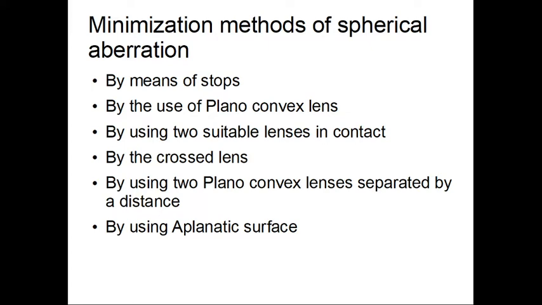In this lens, one side is a plane surface and the other side is a convex surface. There are two ways to minimize it: when the convex surface of the lens is on the incident side, or when the convex surface is on the image side. So which one should we use to minimize the spherical aberration?